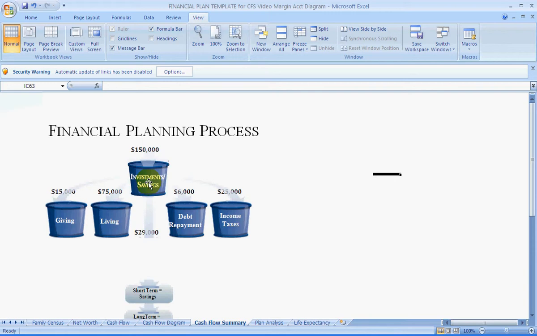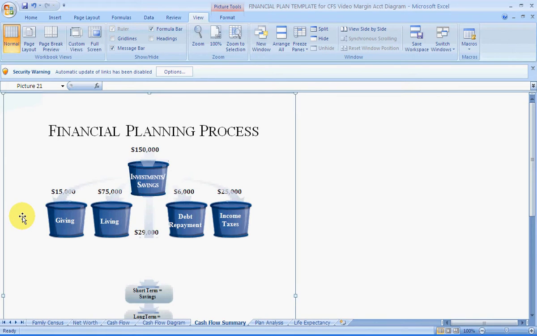After all of the inflow has gone into that account, then a certain amount can be distributed each month into the main operating accounts for the purposes of giving, living, and debt repayment.